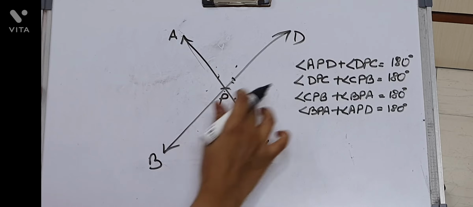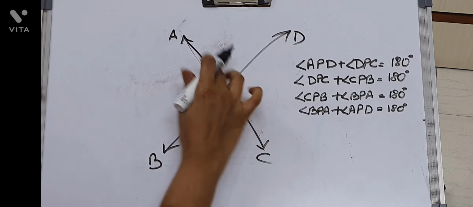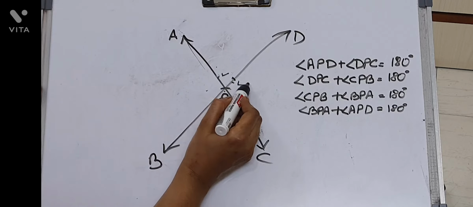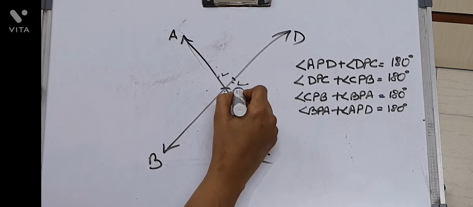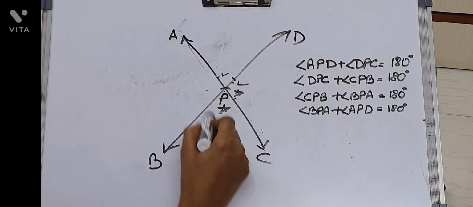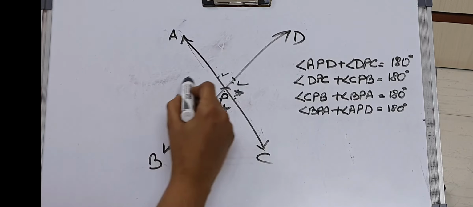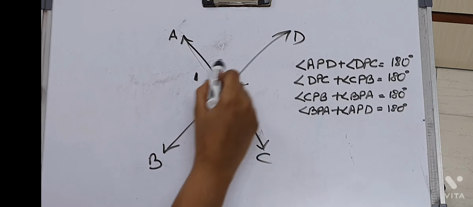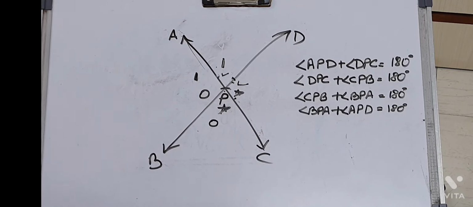So there are 4 pairs of adjacent angles, that is nearby angles, formed here. This and this, then this and this, then this and this, and then this and this. So there are 4 pairs of adjacent angles formed when 2 lines intersect at a point.